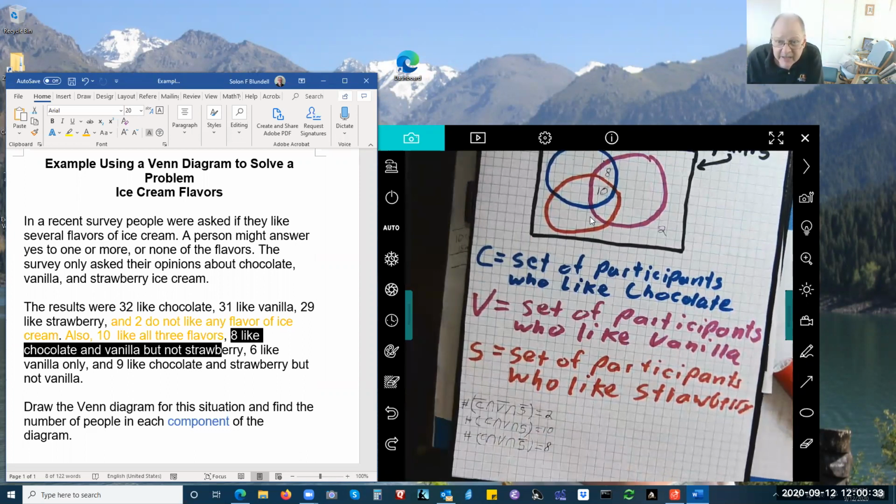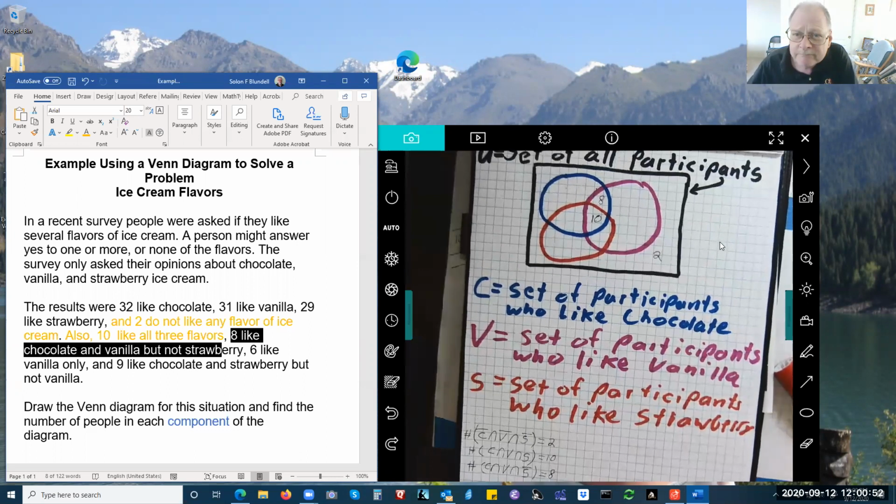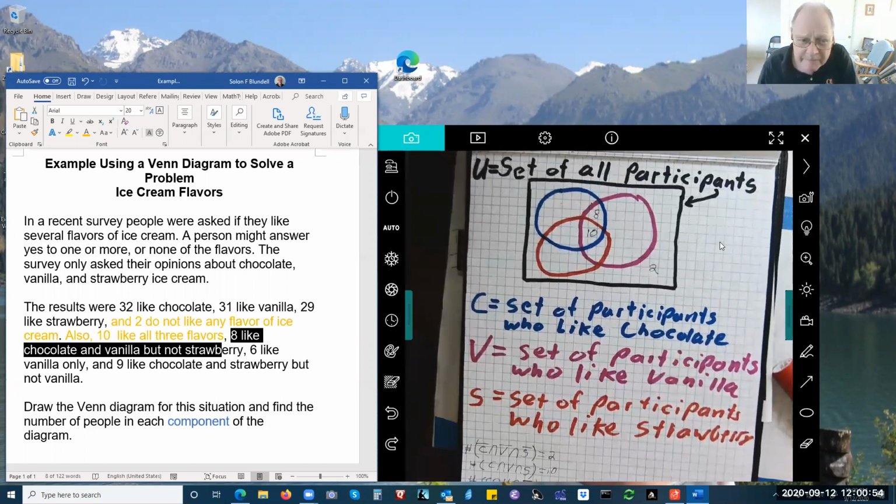So that's 8. So that's how you can use the notation to write the given information in symbols. No, we didn't really need it in order to just fill in the diagram. Okay.